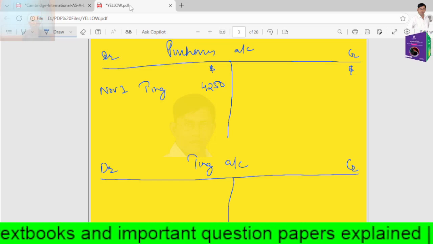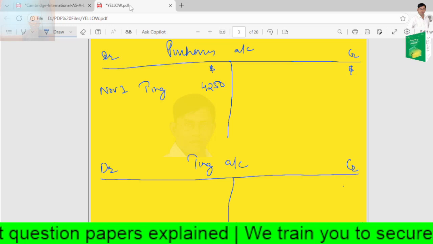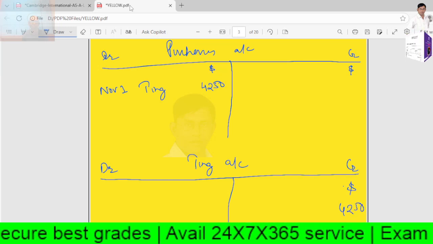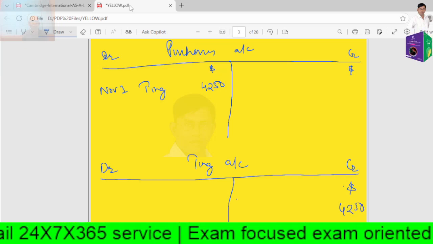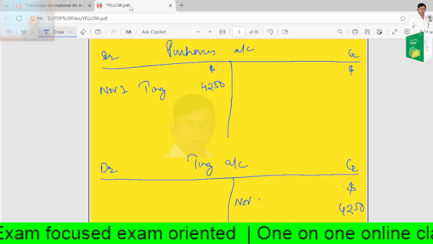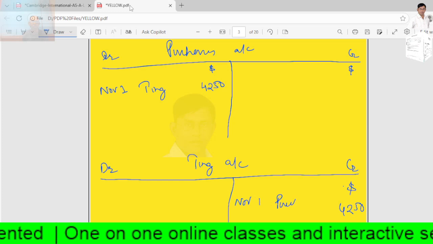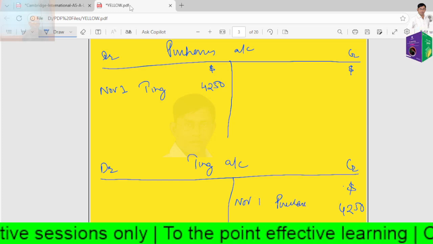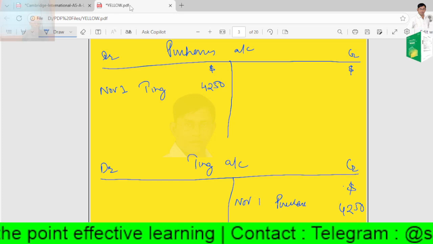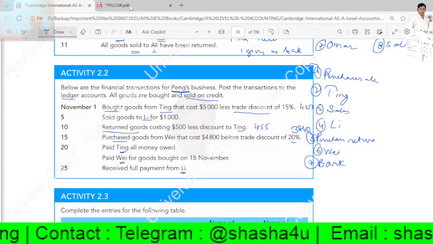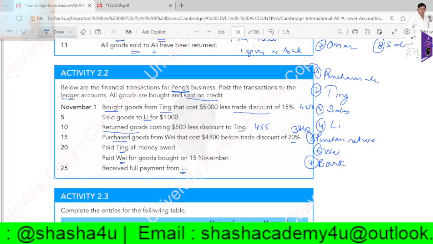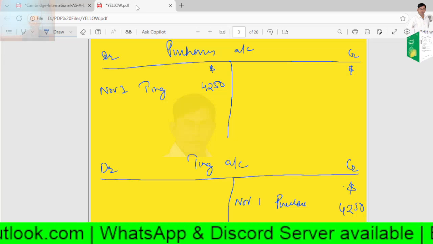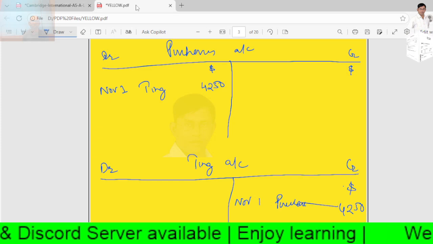When you purchase, Ting gives, so his account will be credited, because we have purchased from him. This is how we have to write. The entry is complete. Purchases account will be debited with Ting, and Ting account will be credited with purchases.